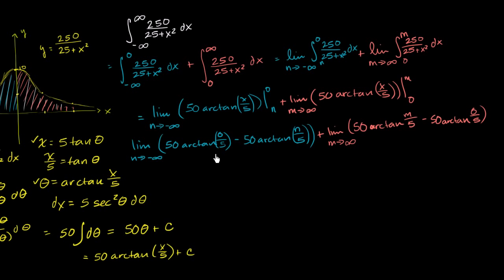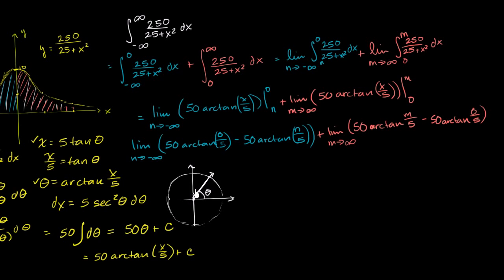And to help us evaluate them, let's think about a unit circle, so we can really visualize the arctangent function. One way to think about the tangent is the slope of the line that helps define the terminal side of an angle. If we have an angle between the positive x-axis and this line, the tangent of that angle is the slope of this line.